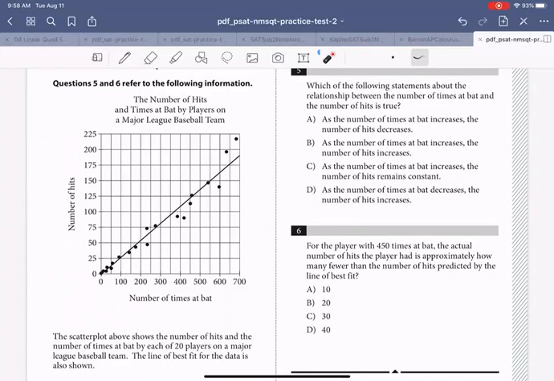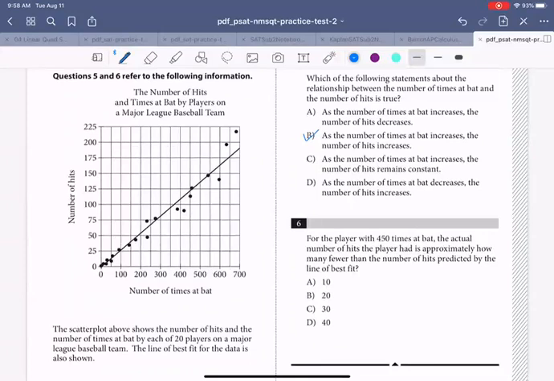It should be B. They both increase, okay? That's correct. Very good. You learned algebra 1 very well.